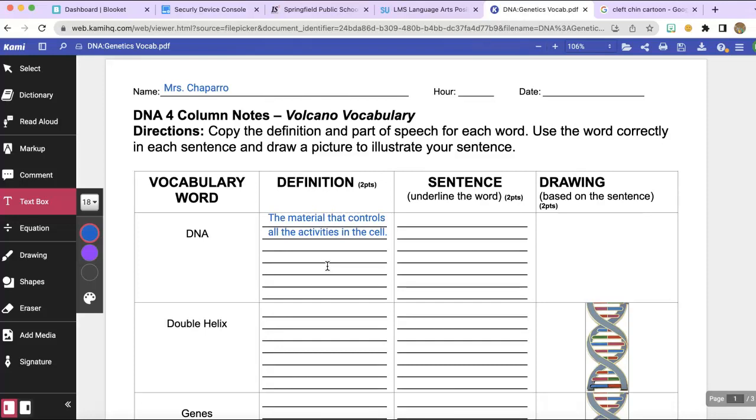Let's talk about a sentence for this. So believe it or not, your DNA controls everything. If, for example, you have some skin cells that are damaged, it's my famous example.